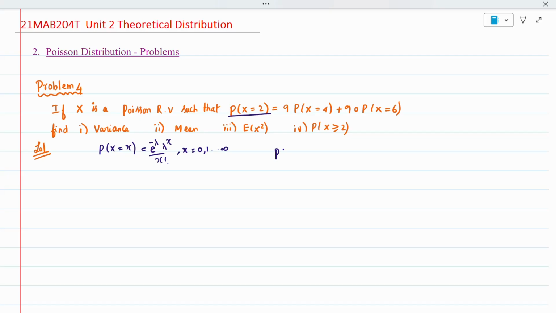Now I will write only this first. Probability of X equal to 2 is e to the power minus lambda, lambda squared, divided by 2 factorial. So 2 factorial is 2 only.